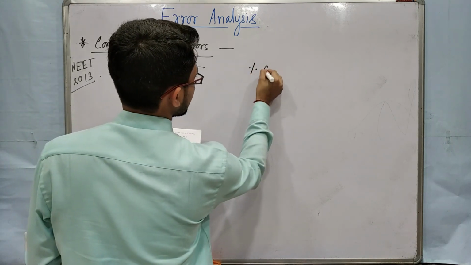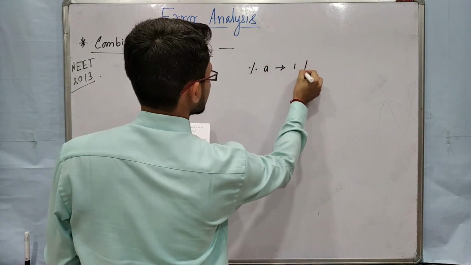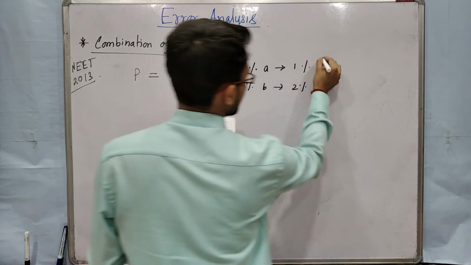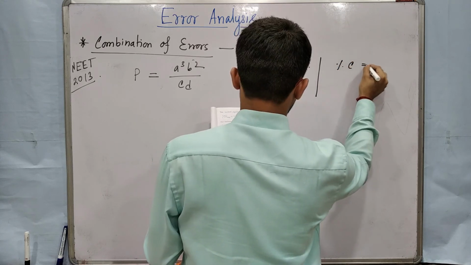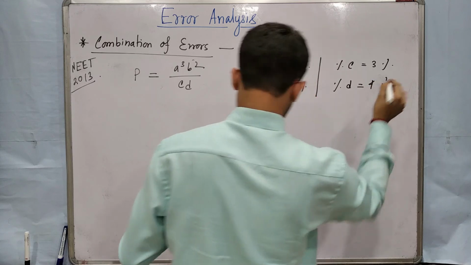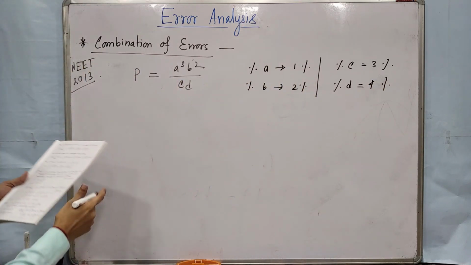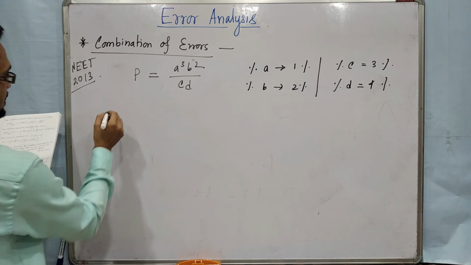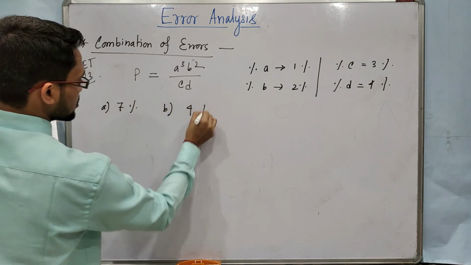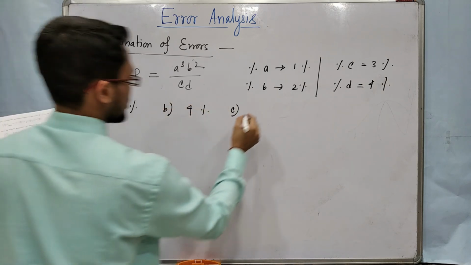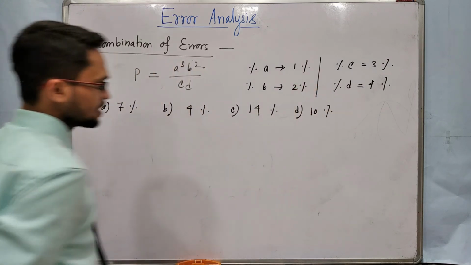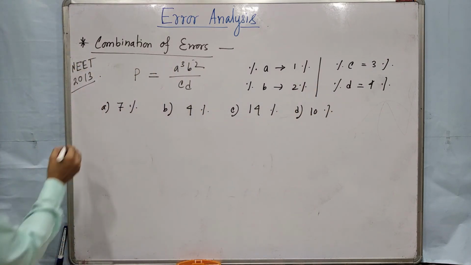Percentage error in A is 1%, percentage error in B is 2%, percentage error in C 3%, and percentage error in D 4%. And the 4 options are given here, that is A equal to 7%, B 4%, C 14% and D 10%. So how will you calculate?